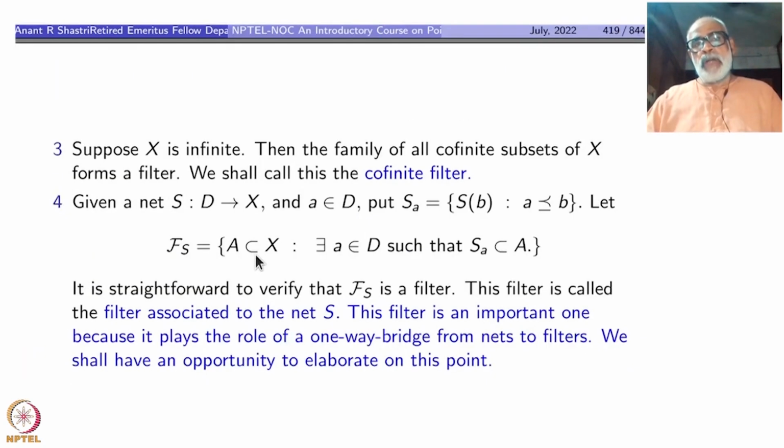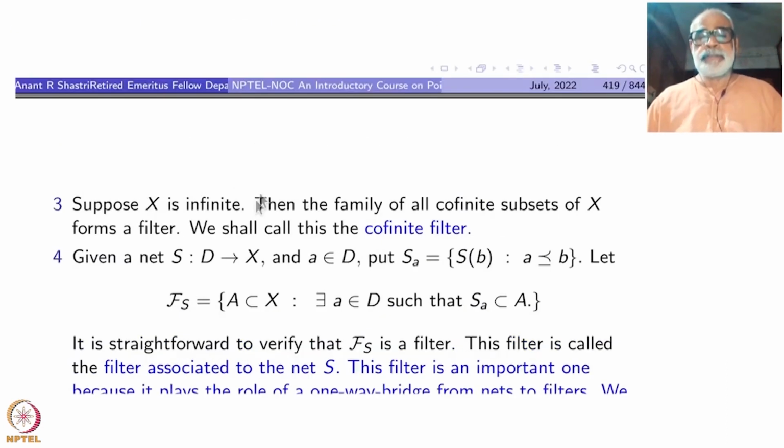Now suppose you have an infinite set. Then, just like in the case of topology, there is this cofinite filter. What is it? Don't take the empty set, but take all other members of tau, this cofinite topology, namely all subsets such that their complement is finite, okay, cofinite subsets.